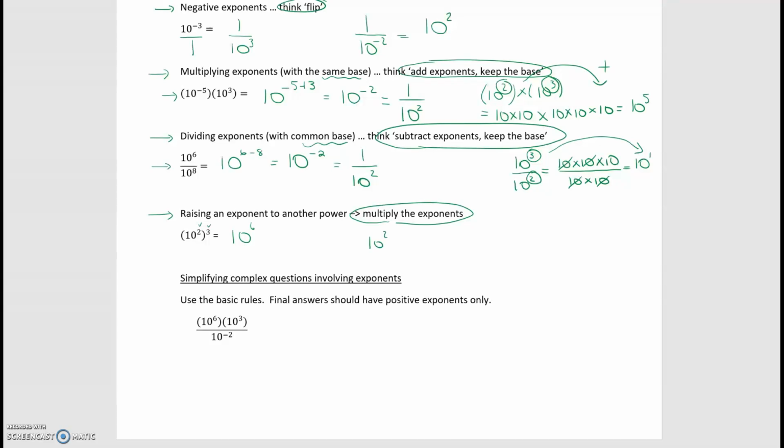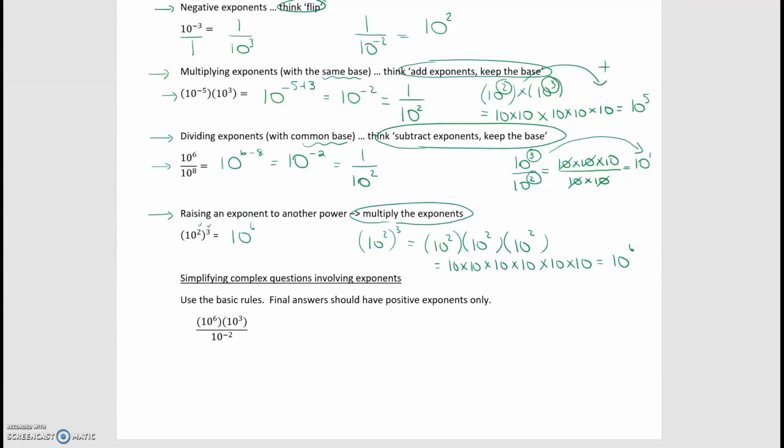Well, let's see. 10 squared raised to 3 means 10 squared times 10 squared times 10 squared. And once again, if you were to expand this, that means that you have 6 of these powers of 10.